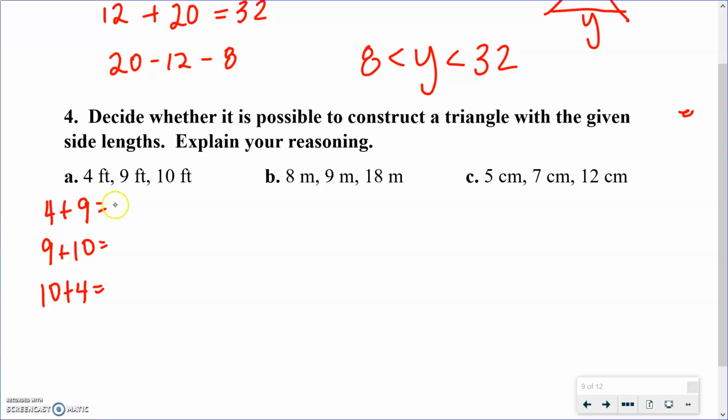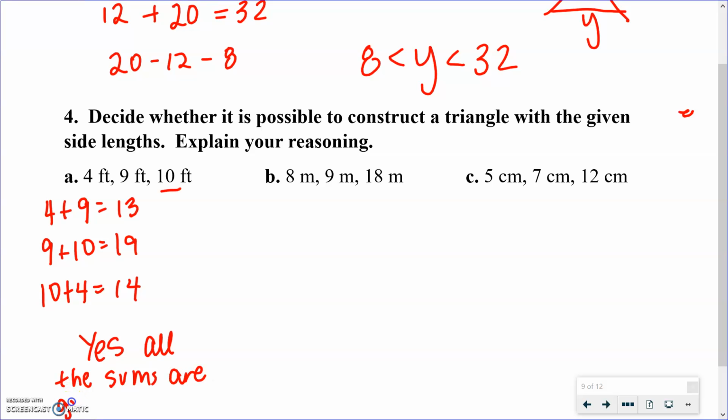So 4 plus 9 is 13, and that's greater than 10, because that's the side that's not being added there. 9 plus 10 is greater than 4. And then 10 plus 4 is 14, which is greater than 9. So yes, all the sums are greater than the other side.